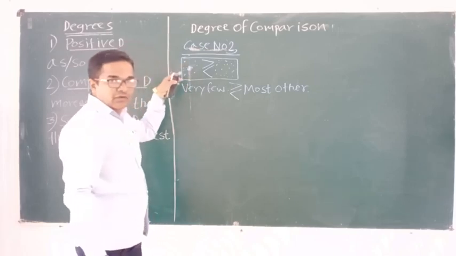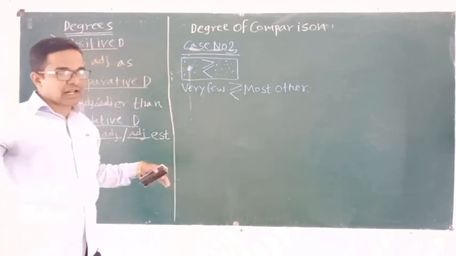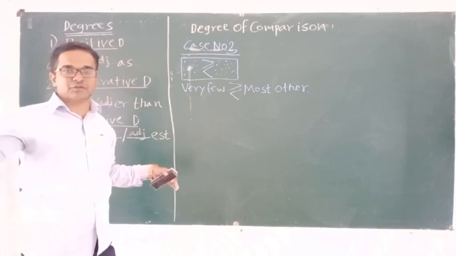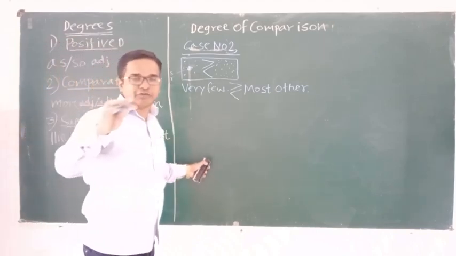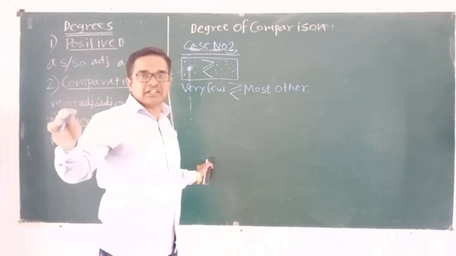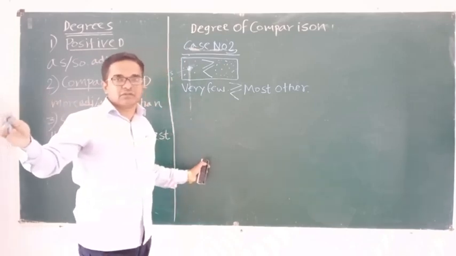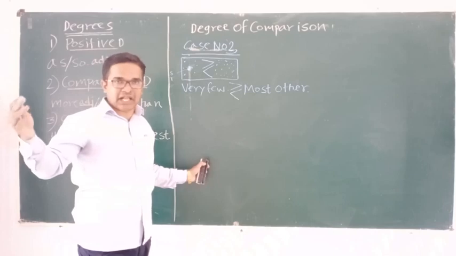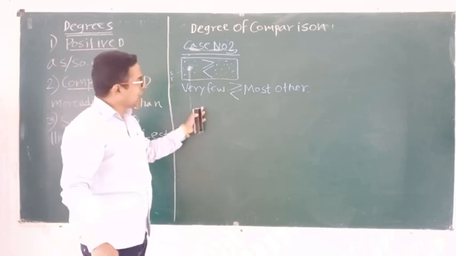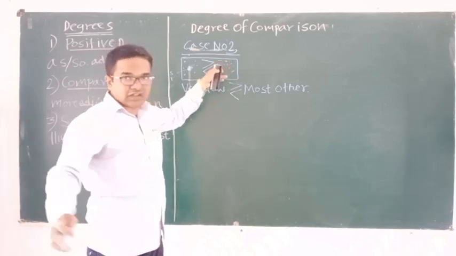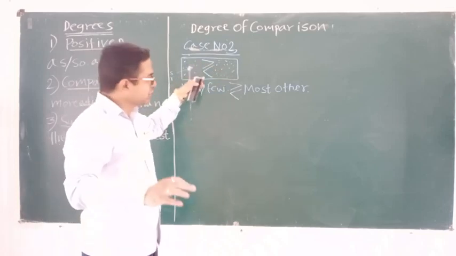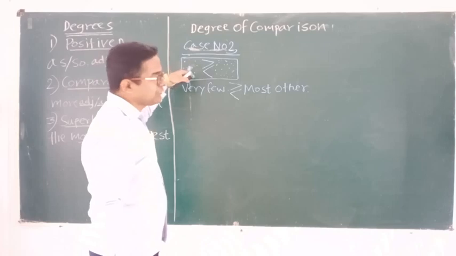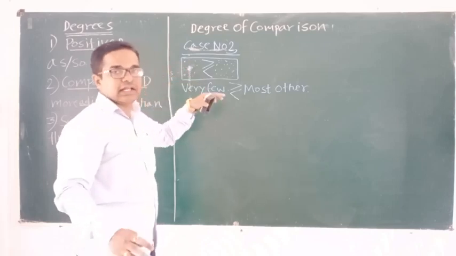There are very few. For example, there are many students, 60 students in the class, but out of 60 there are only 10 students. They are toppers, they are excellent. Like that, there are many cricketers in the world, but out of these, very few are greatest.